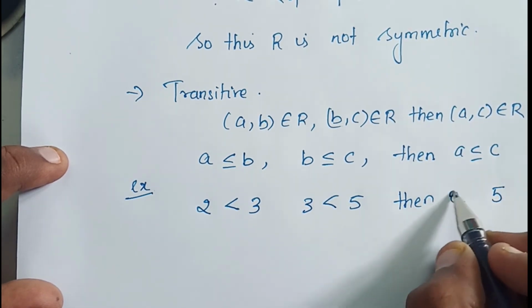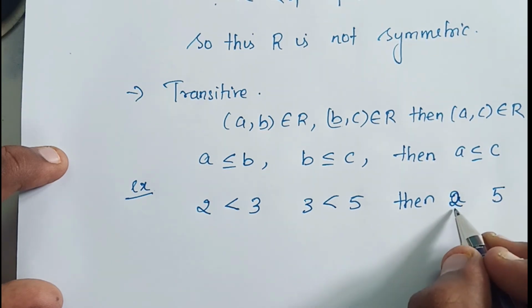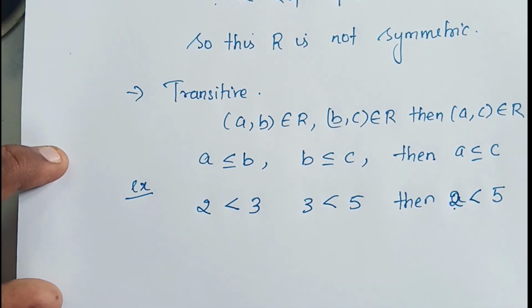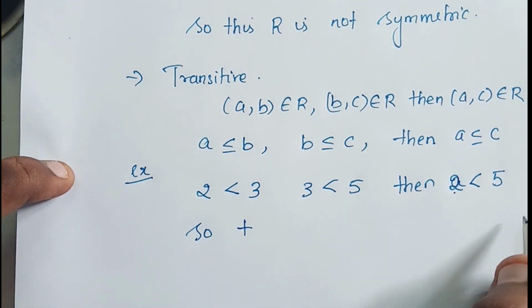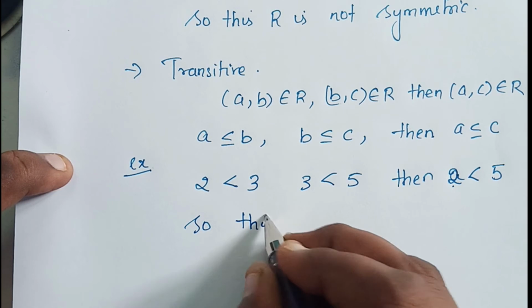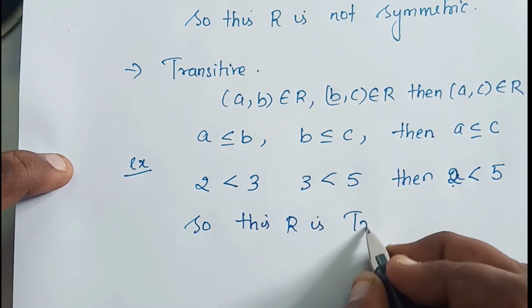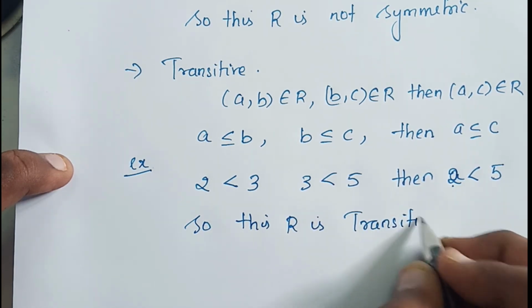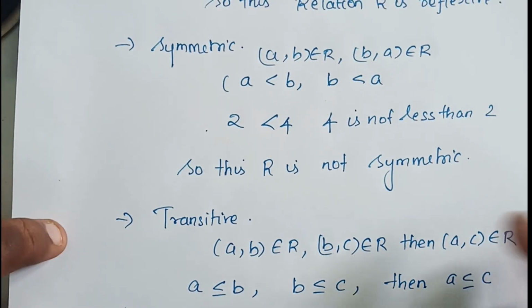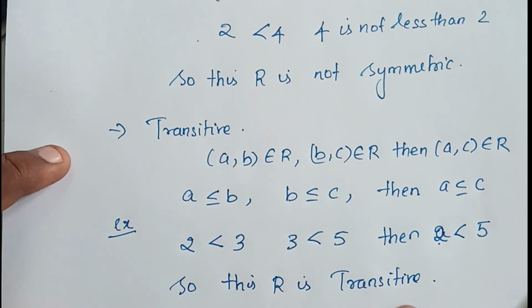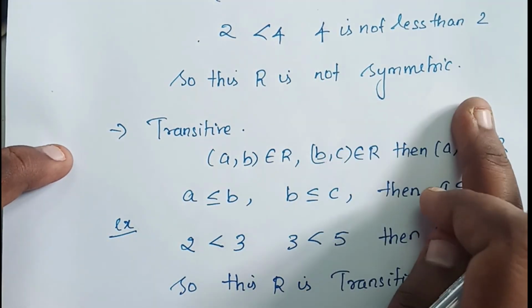A is less than 5. So this property is satisfied. So this relation is transitive. Hence, we proved the given relation is reflexive and transitive but not symmetric.